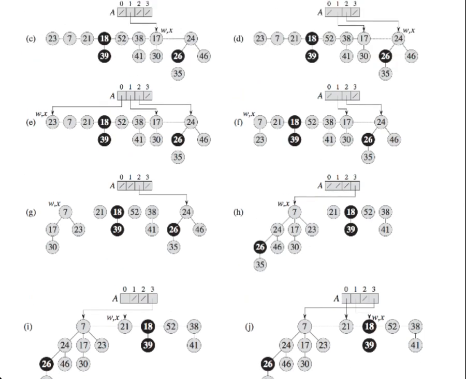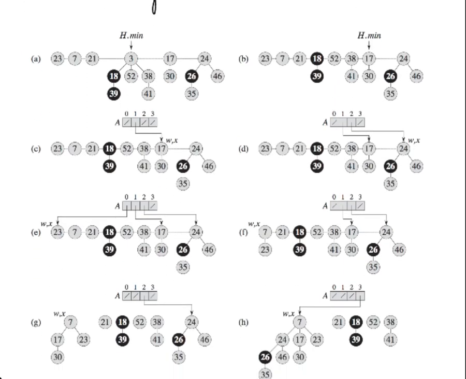Okay, so in A, we're given our original tree. In B, we've taken the children of 3 and placed them into the root list and we've removed 3. Now we're going to call consolidate.